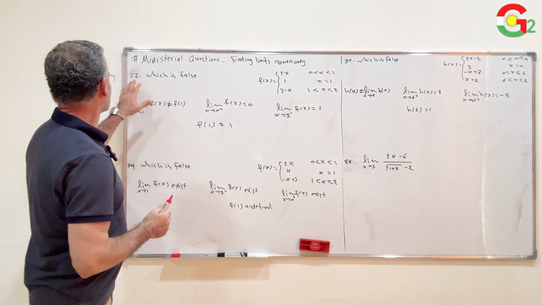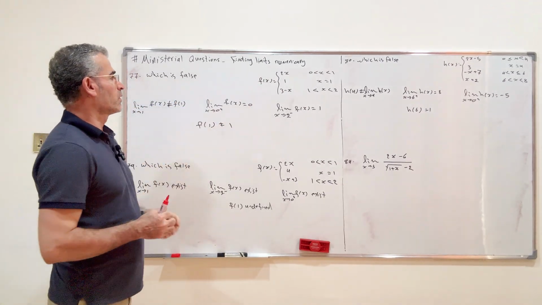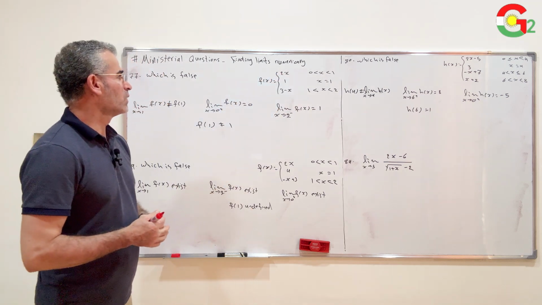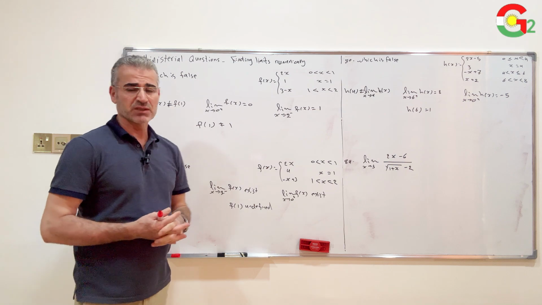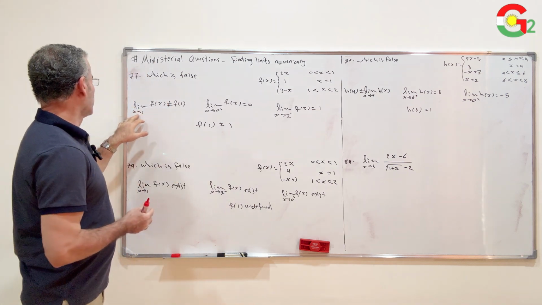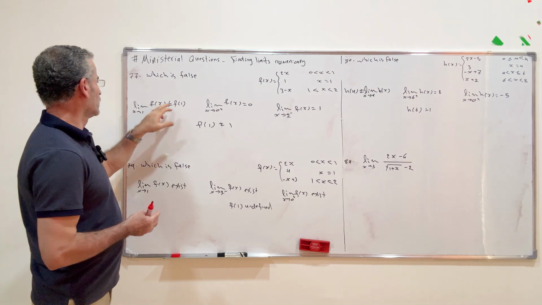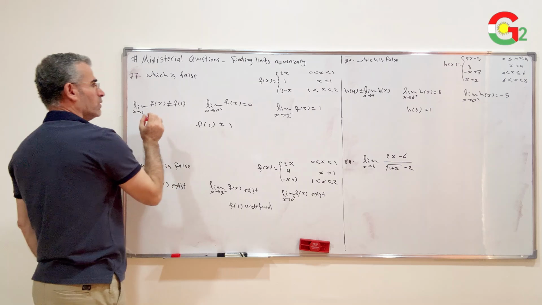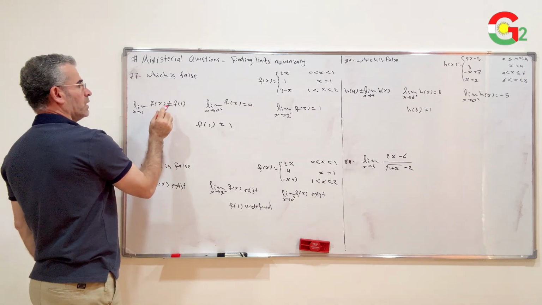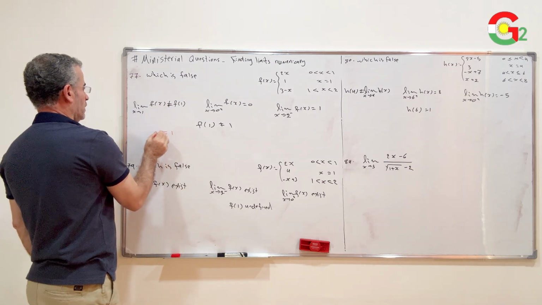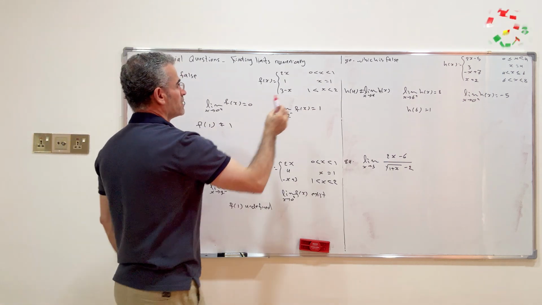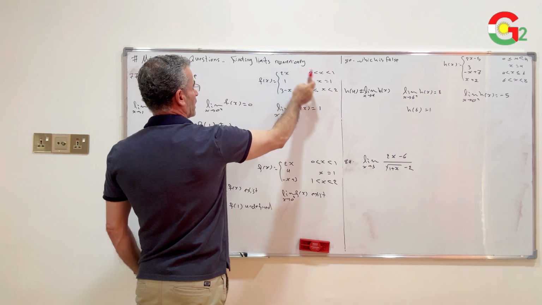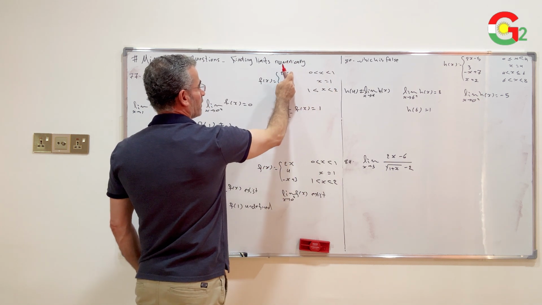Question number 77, which is false for the function f of x equal to 2x when x is between 0 and 1, 1 when x equals 1, and 3 minus x when x is between 1 and 2. The limit of f of x when x approaches 1 is not equal to f of 1. Let us see. F of 1, when x equals 1, the value is 1. Let us see the limit when x approaches 1. Since 1 appears as a boundary between two pieces, I should find it from left and from right.